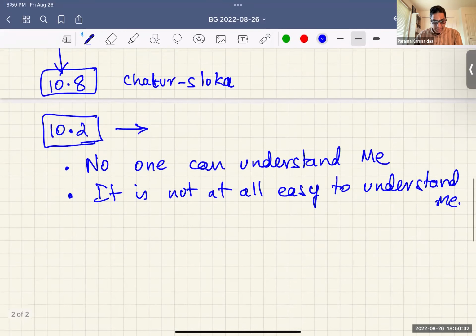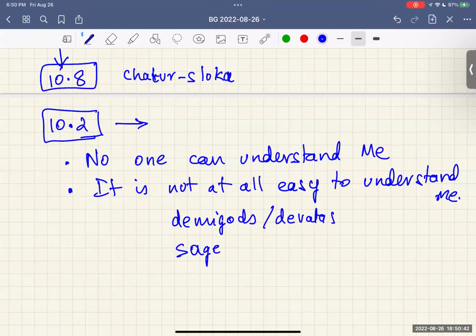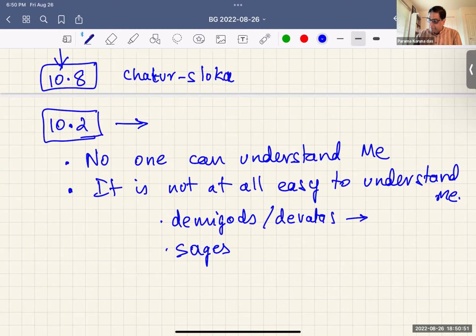And Lord Krishna gives the example of the demigods, the devatas, and the sages, the maharishis. Lord Krishna says that even they cannot understand me. Why are these two examples given?